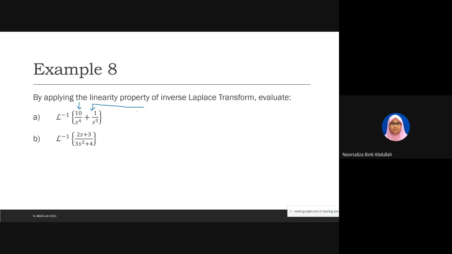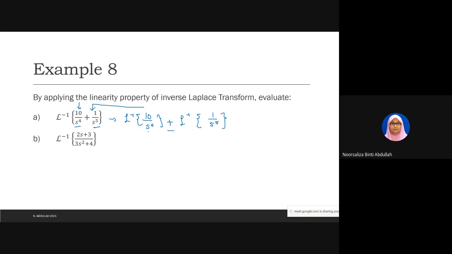So look at here, you can find the inverse of 10 over s kuasa 4 plus the inverse of 1 over s kuasa 5. This one is what we call the linearity. You find this one, and then you find this one, and then you just add the signals. So what is the inverse of 10 over s kuasa 4?